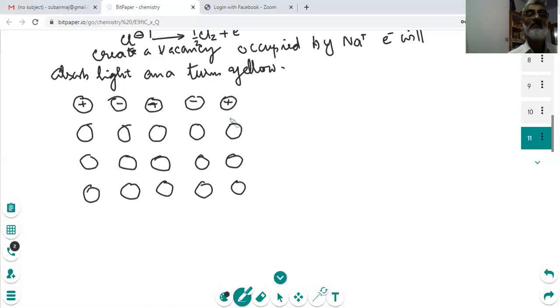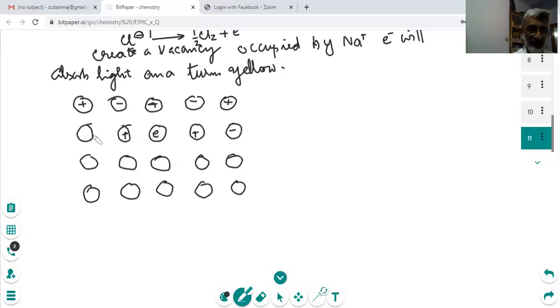Then we have minus here, plus, and here it occupies an electron. Remember, this is the place from where the Cl has gone. This is supposed to be minus, and now the Cl has left as Cl2, and the electron remains here. That's what you have to remember.